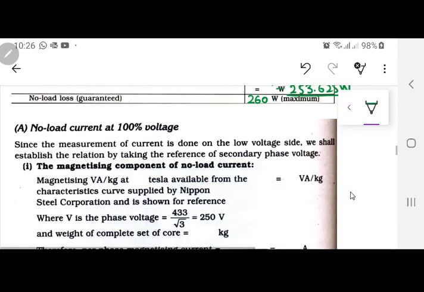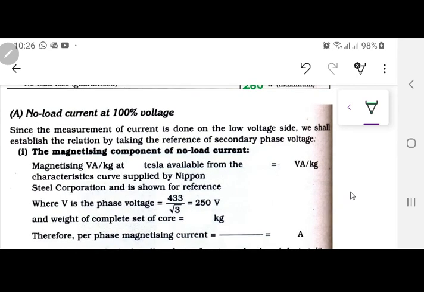Now we want to find out the no load current also. This is also very important. When you want to find the no load current, you are going to need the magnetizing VA per kilogram. Magnetizing is that current IM taken up by the inductor branch which is in parallel with the resistor.